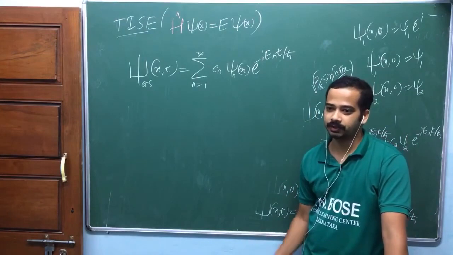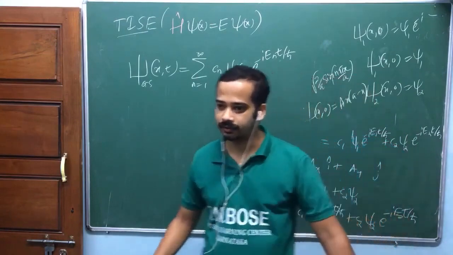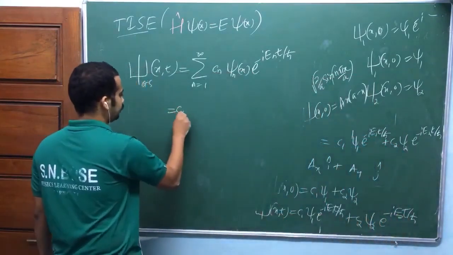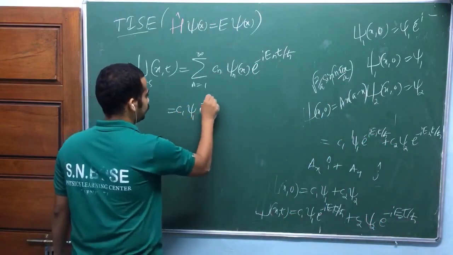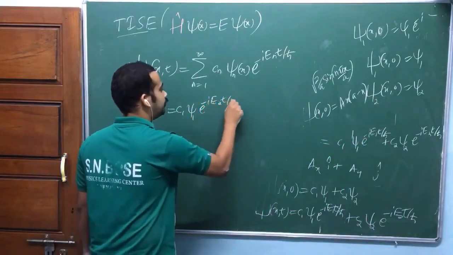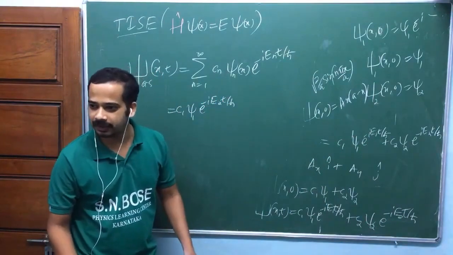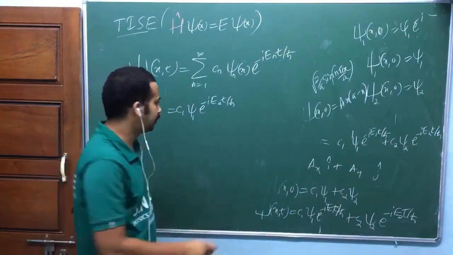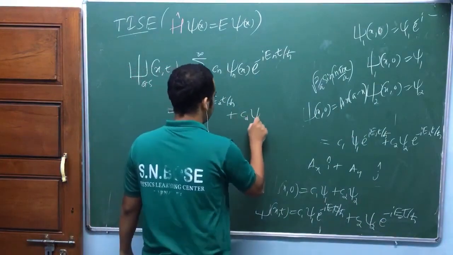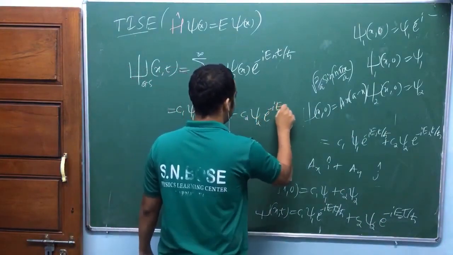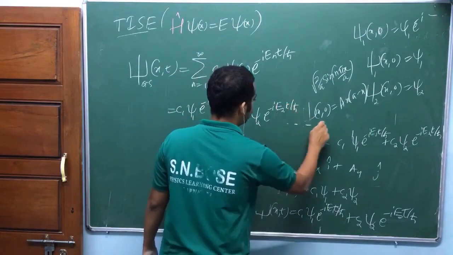Without measurement, you can't say whether you get E1, E2, E3 or something. It will come out as either E1 or E2 or E3. Before measurement, you can't say anything, but you can say something about probability. That's what I told. We define probability here: C2, Psi2, e power minus i E2 t by h bar, and so on.